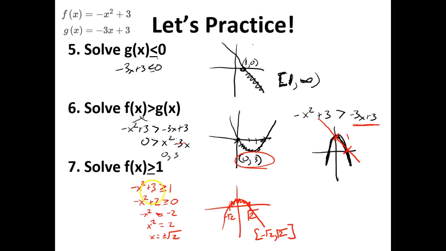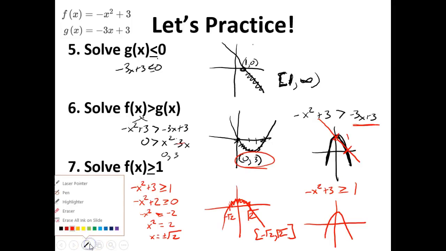So this right here, where negative x squared plus 3 is greater than or equal to 1, what those two things are showing is we have a graph of negative x squared plus 3, which is right there, something like that, and then the graph of 1, if I put that back into black, would be this right here.